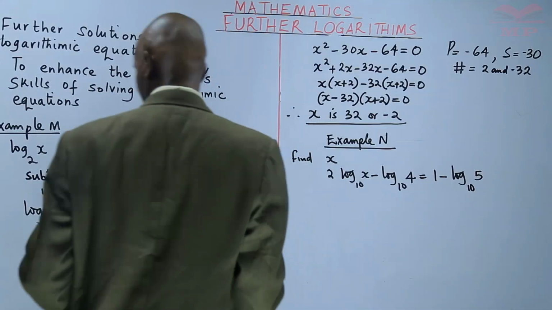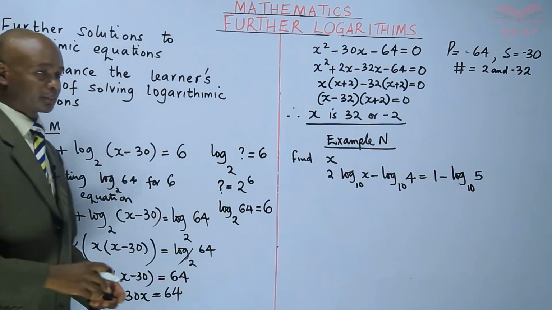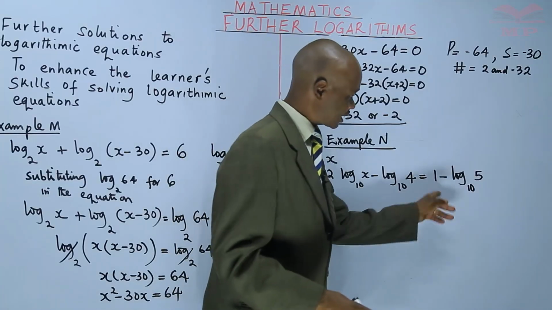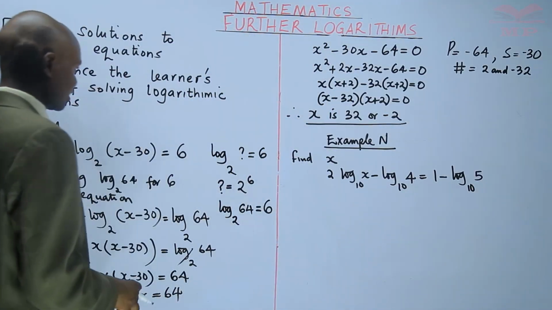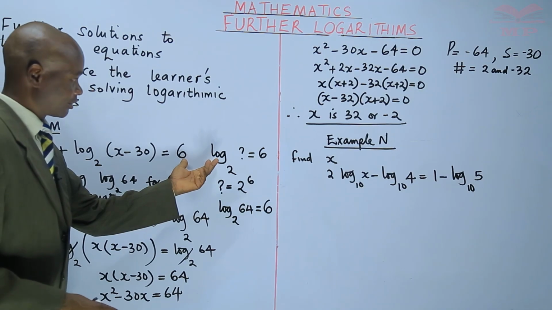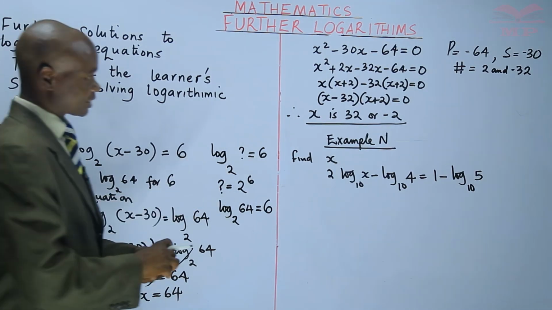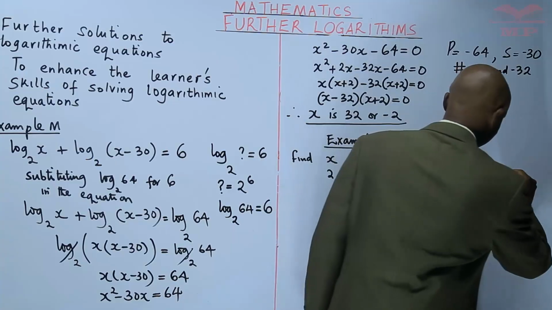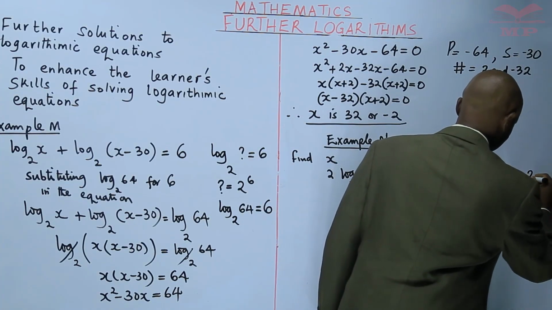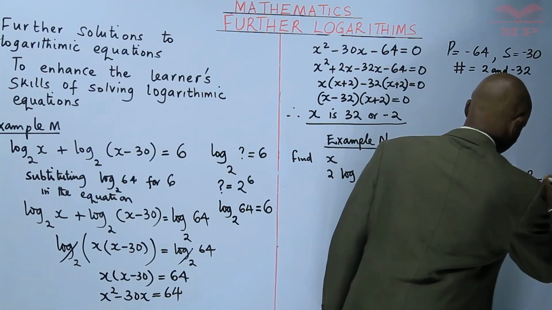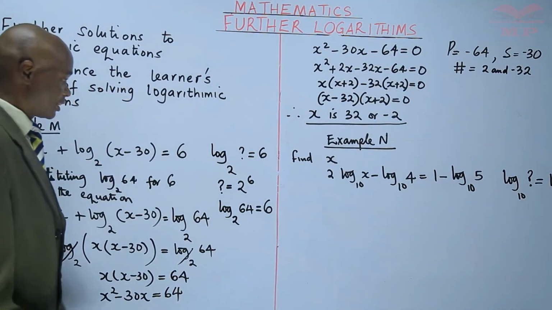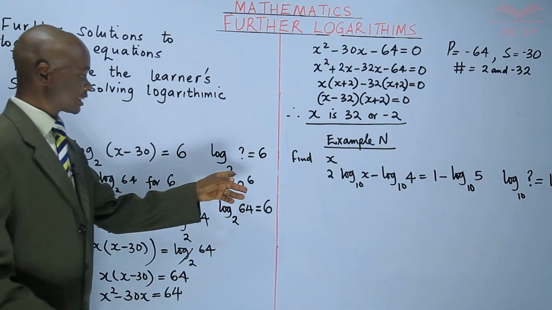So we start by looking at that equation. Are all of them to the base 10? No, there is one that is disturbing there. So I'll use the same thing I used here. Log to the base 10 of a number I do not know gives me 1. How did we get the number?